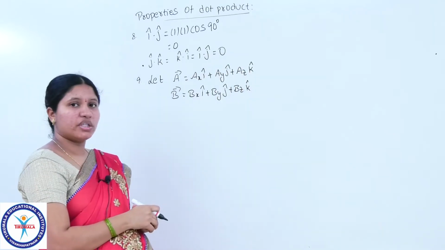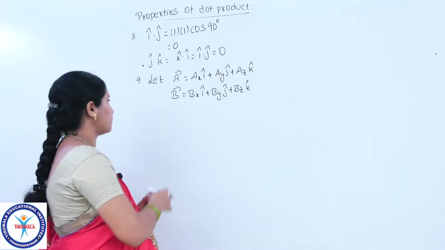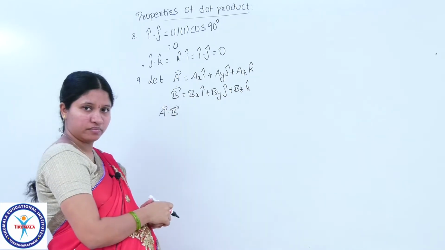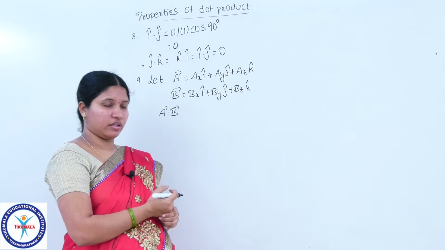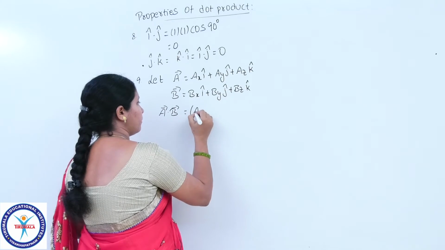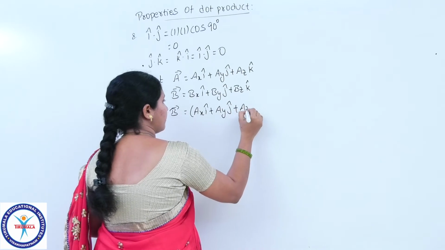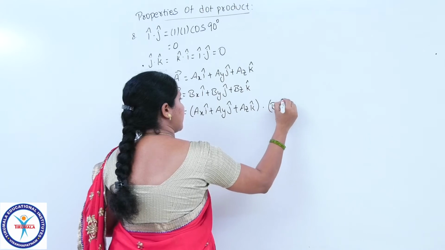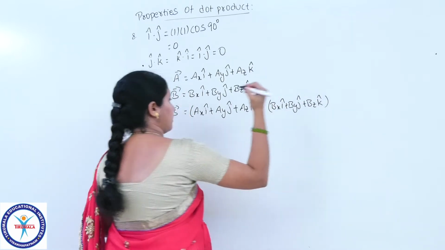So how do we find the dot product if we get the vectors in this form? The formula is a bar dot b bar is equal to AB cos theta if we know the angle between the two vectors. Otherwise, a bar dot b bar is equal to (ax i cap plus ay j cap plus az k cap) dot (bx i cap plus by j cap plus bz k cap).